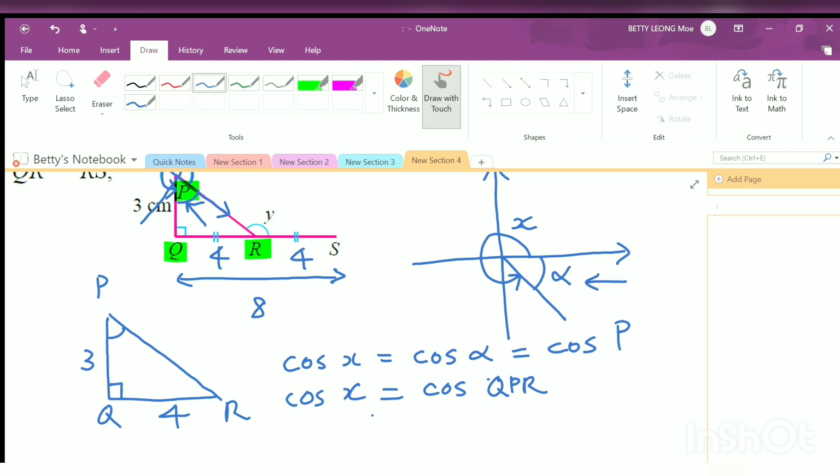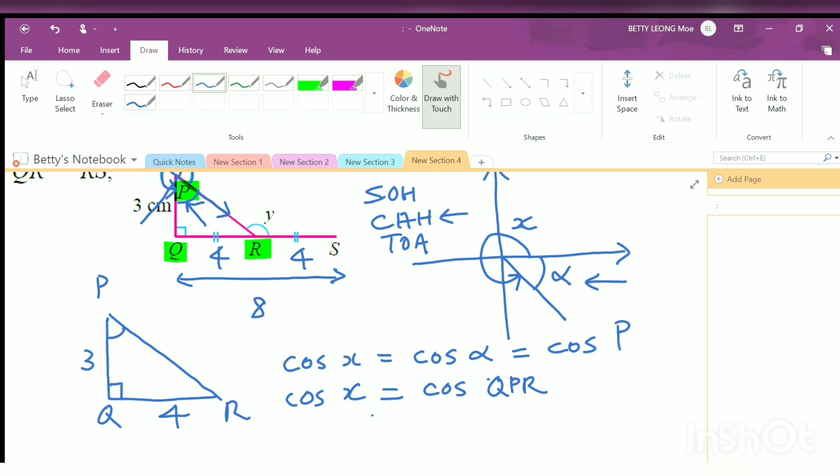So what is the formula for cos? Remember your Uncle So Cha Tua. So cos is adjacent over hypotenuse.